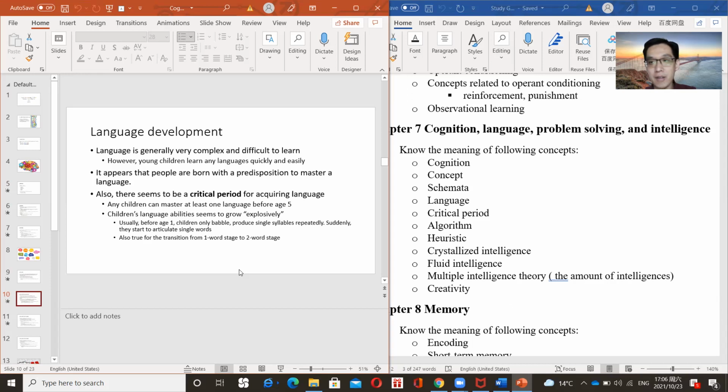Before age 5, the children have learned most of that language, and have been really fluent and really good at that language. So that is a critical period. In that critical period, people can master that skill, which is language, very quickly, very well.